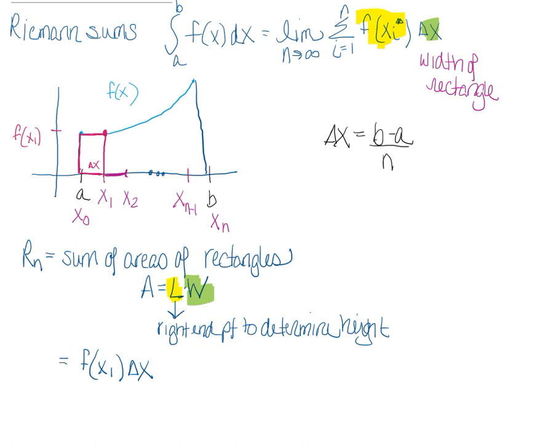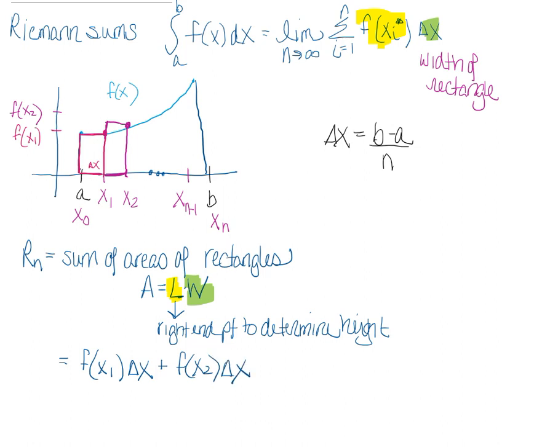So we go all the way up to the graph, and that value is f at x2. So the height is f at x2. In this case, it's going to be an overestimate in this example. And the area of that rectangle is plus f at x2 times delta x.